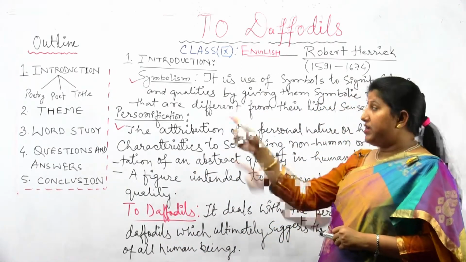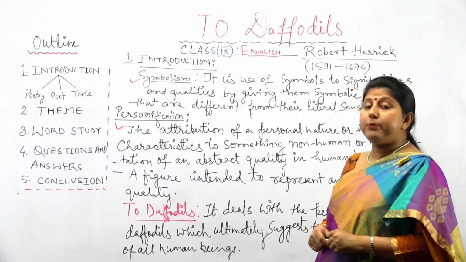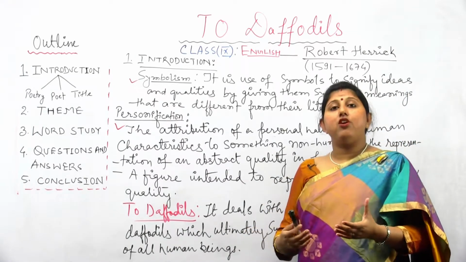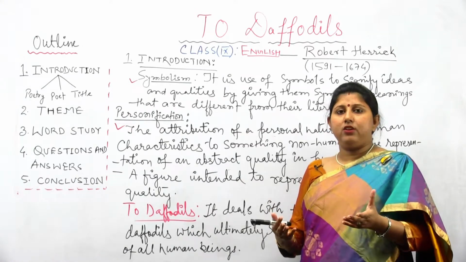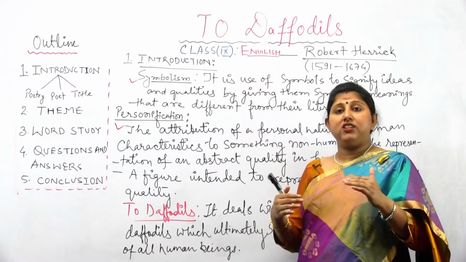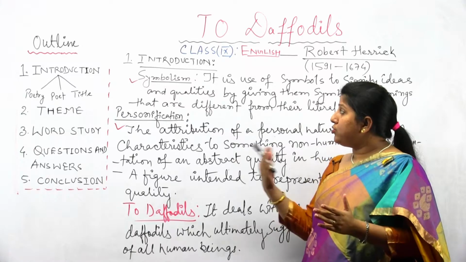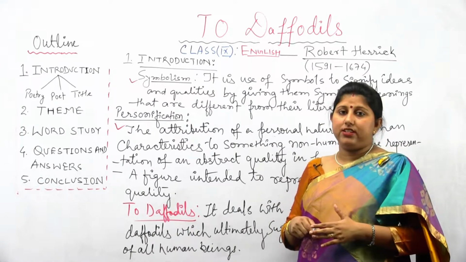What do you mean by the term poetry? The first subheading: what do you mean by the term poetry? Poetry means imagination. It is of Greek origin. It means to create something. To create something, you need intellectuality. If you want to do something unique in your writing, you have to be imaginative.